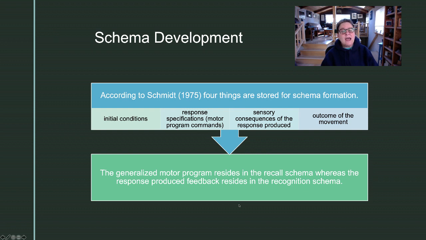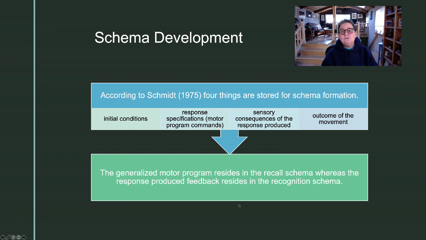In addition to that, the sensory consequences of the response produced. We've talked about that in Adams' model. He called that the output. We've called it the movement itself, or the motor pattern is what describes the movement output.